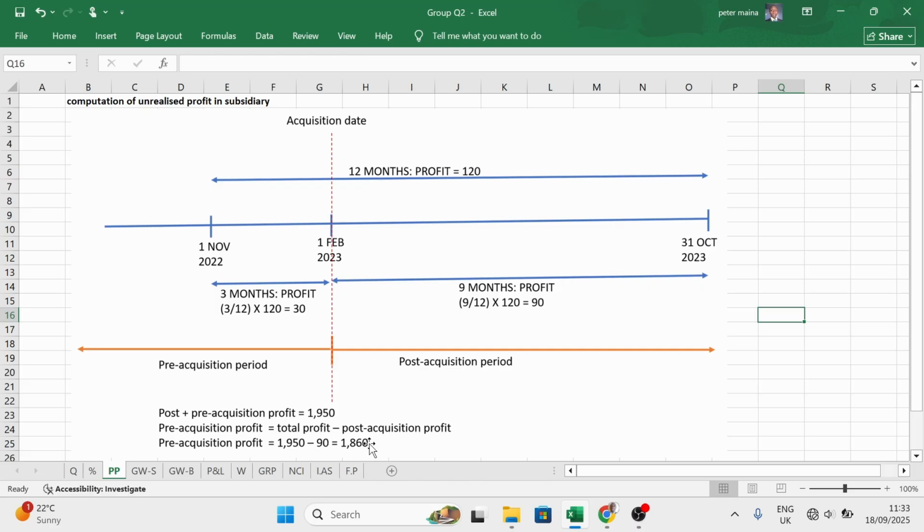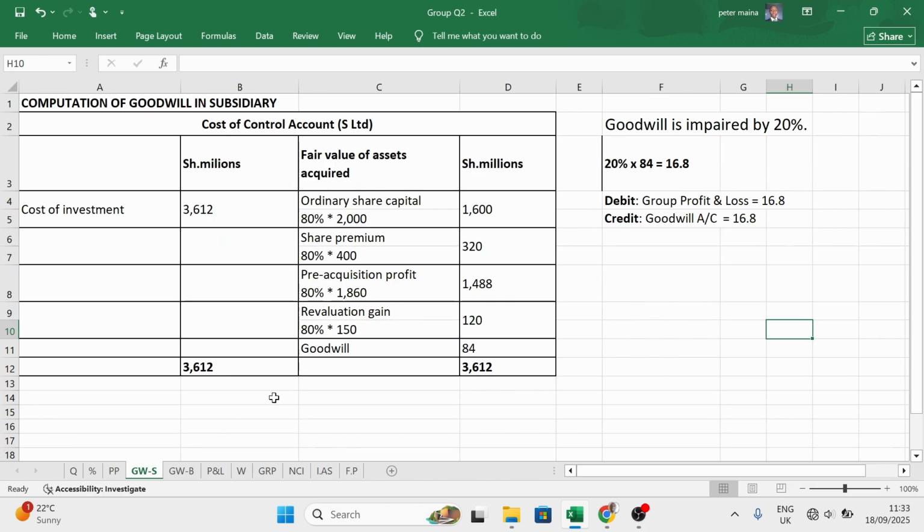Once you have this, now you can go ahead and calculate goodwill in subsidiary. So this is how goodwill in subsidiary is calculated. Because the fair value of non-controlling interest was not provided in the question, we can only use the partial goodwill method.